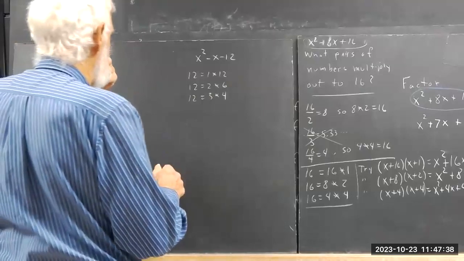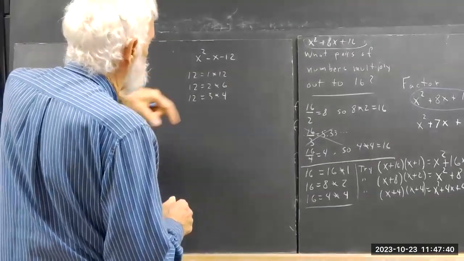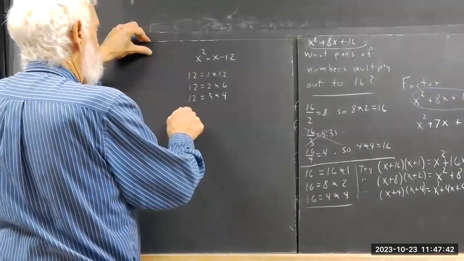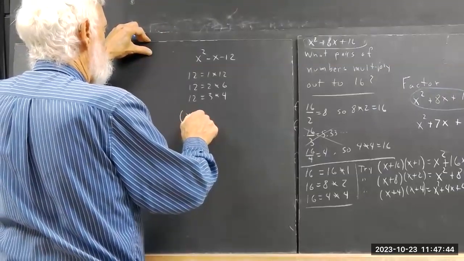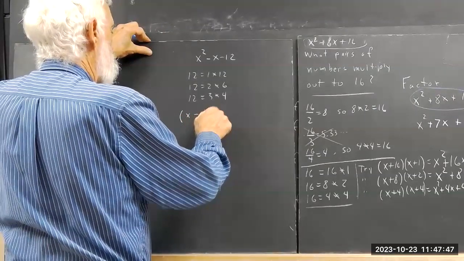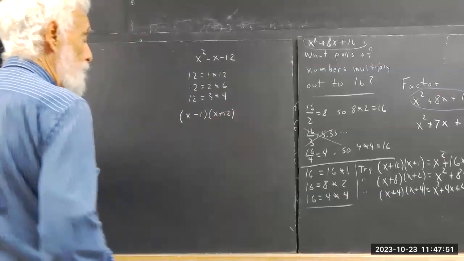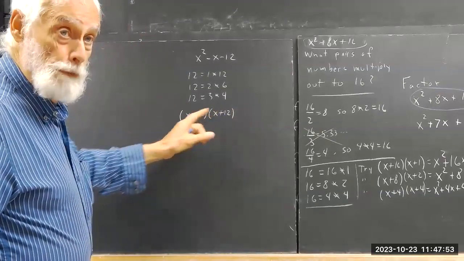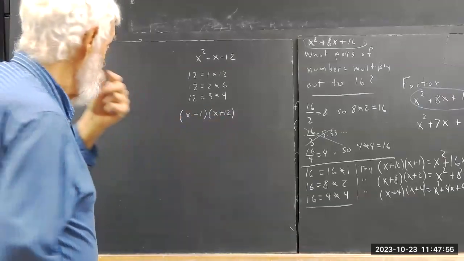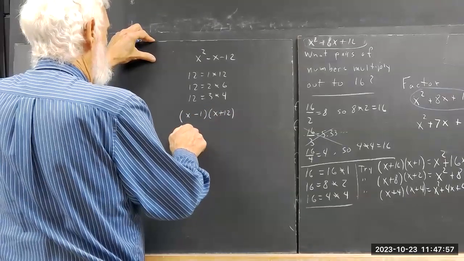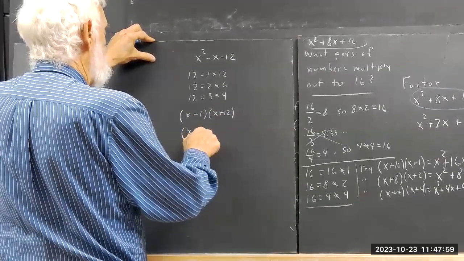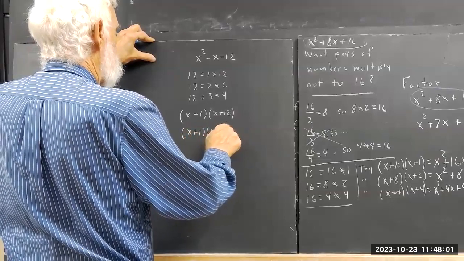So if we start with 1 and 12, we could write x minus 1 times x plus 12. That would give us the minus 12 when we multiply it out. Or we could try x plus 1 times x minus 12.